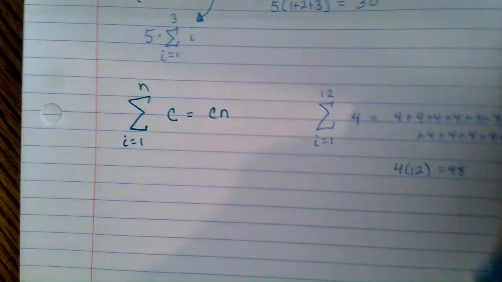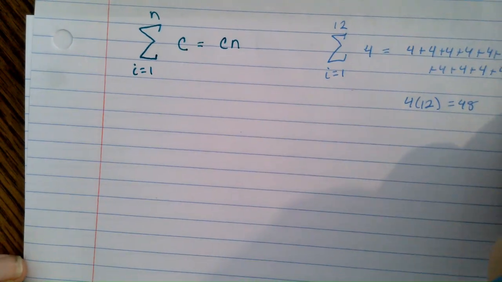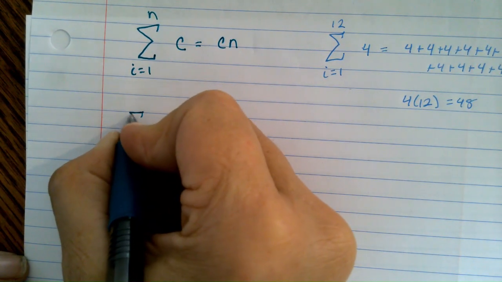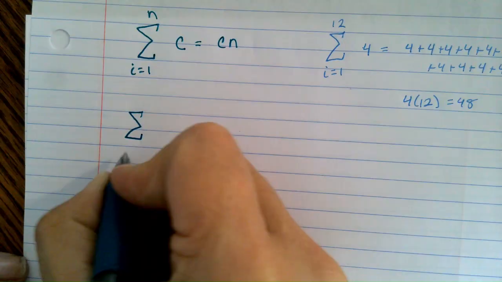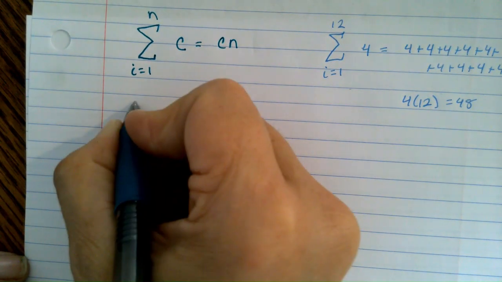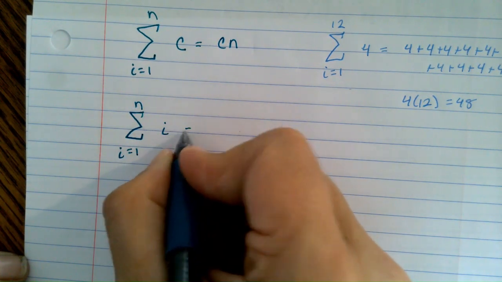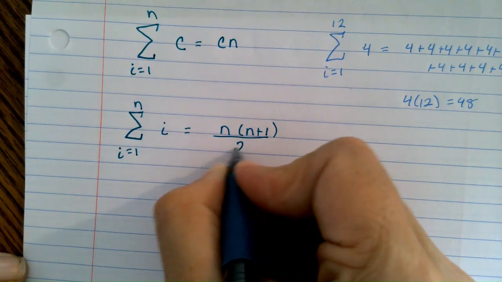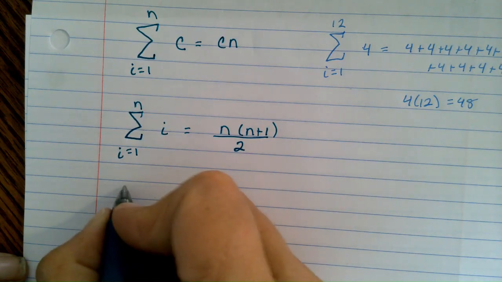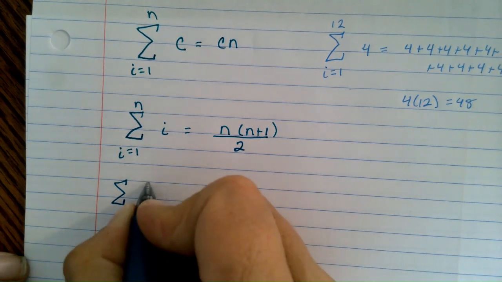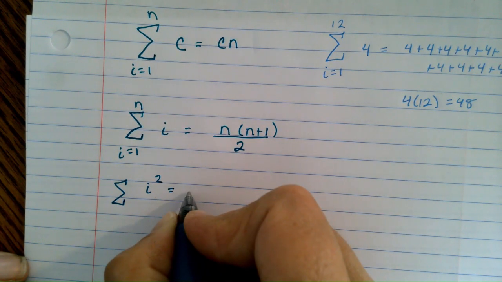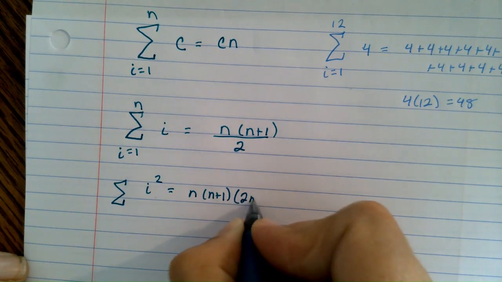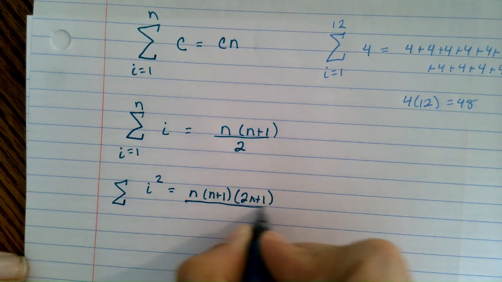Now for powers, now we're going to start using rules that I don't necessarily expect my students to memorize because we just don't use them often enough to really get them memorized well. So the sum of i would be n times n plus 1 divided by 2. i squared would be n times n plus 1 times 2n plus 1 divided by 6.